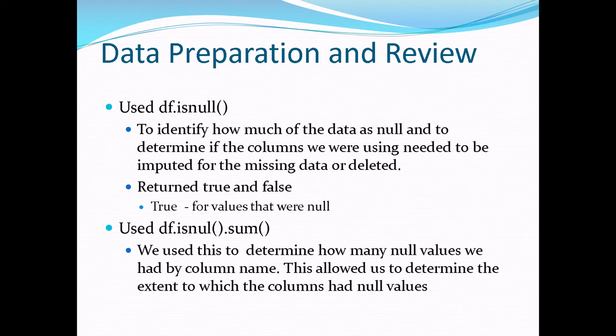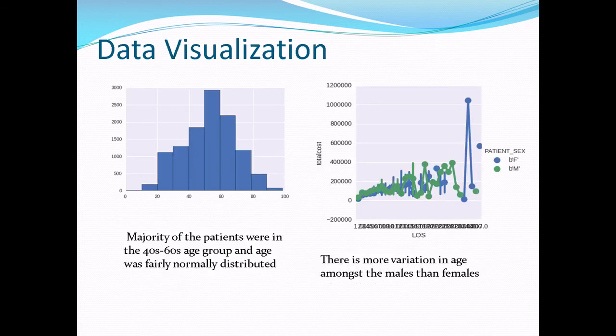So we applied df.isnull and df.isnull().sum(). These are the two features that helped us minimize or reduce the number of features and eliminate the redundant data. After performing the cleansing, we started visualizing the data.